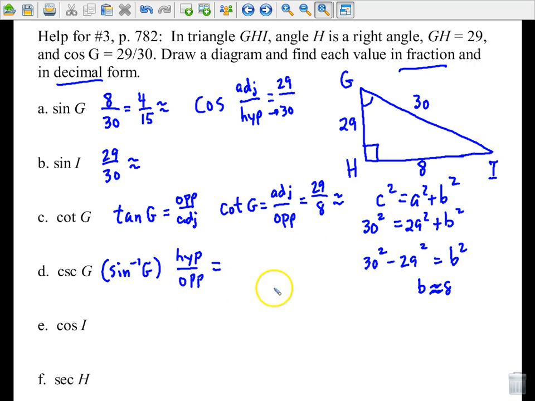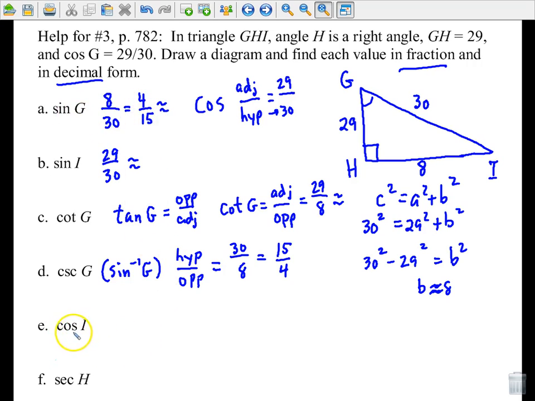Okay, so for angle G, hypotenuse is 30. The opposite side to angle G is 8. And then we will reduce. And you could have just taken the result from sine G and letter A and flipped it over, because again, cosecant is inverse sine.